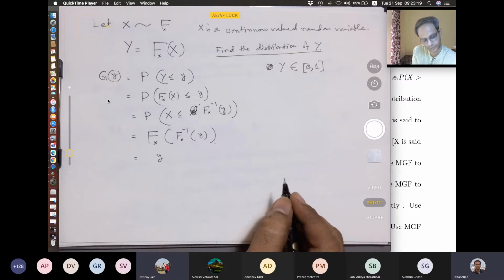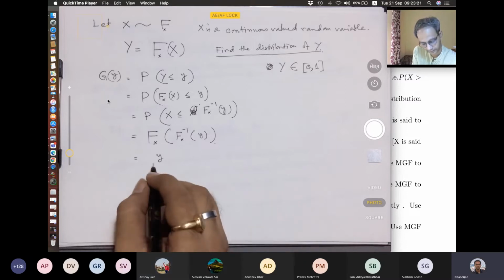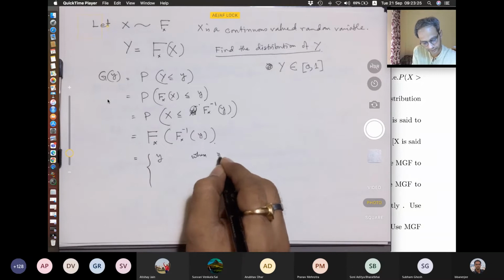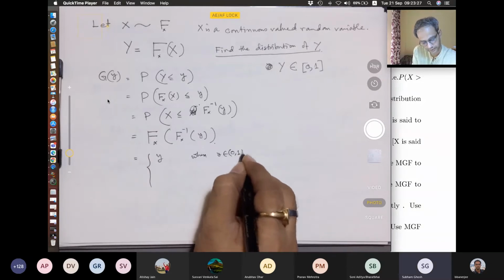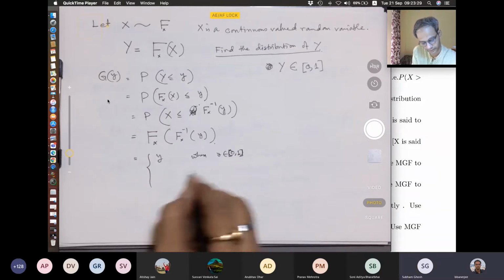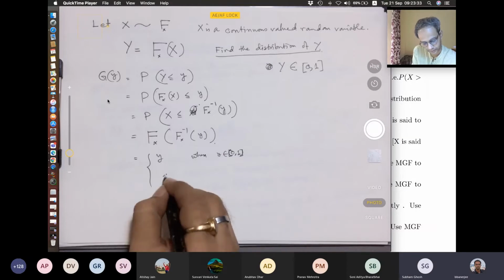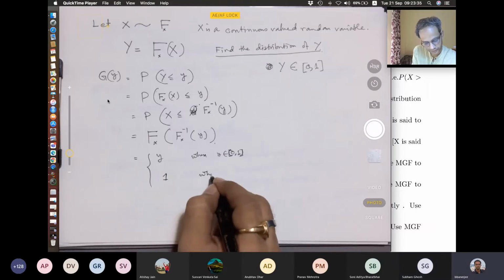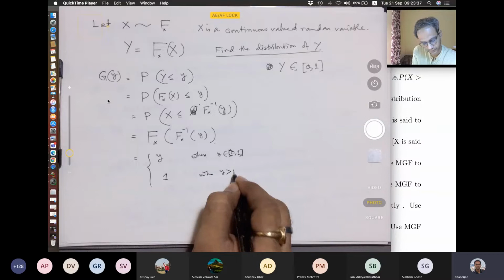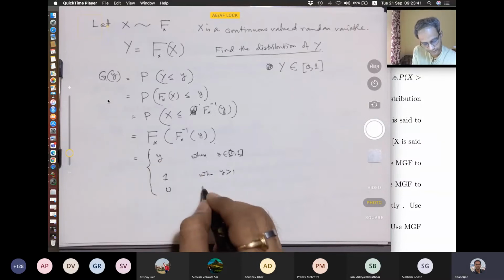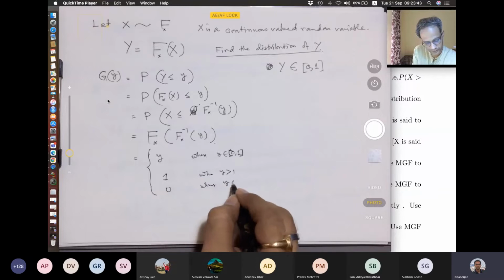Uniform. Parameter? So 0 to 1. This is okay. So 1 when y greater than 1 and 0 when y.